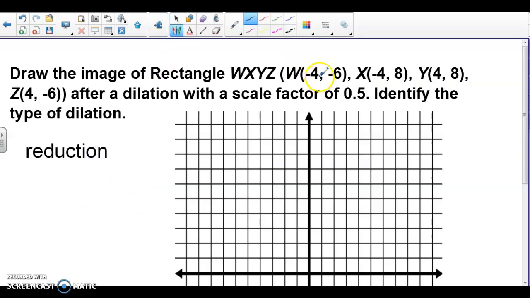Now we're going to multiply each one of the vertices by 1/2. So -4, -6 becomes -2, -3. -4, 8 is -2, 4. 4, 8 is 2, 4. And then 4, -6 is 2, -3.